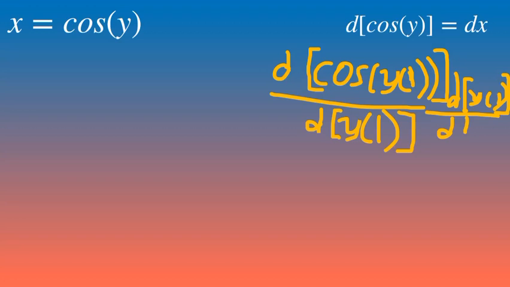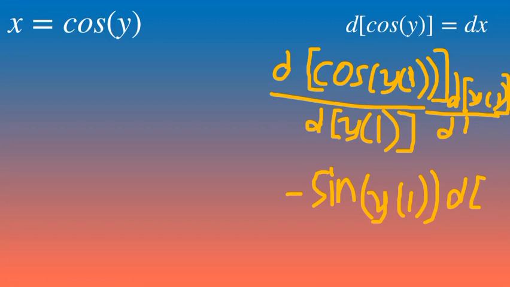We don't know what this is yet, but we do know that this is negative sine of y of x times dy of x over dx, except there is no dx, so wherever x is, we just kick it out.